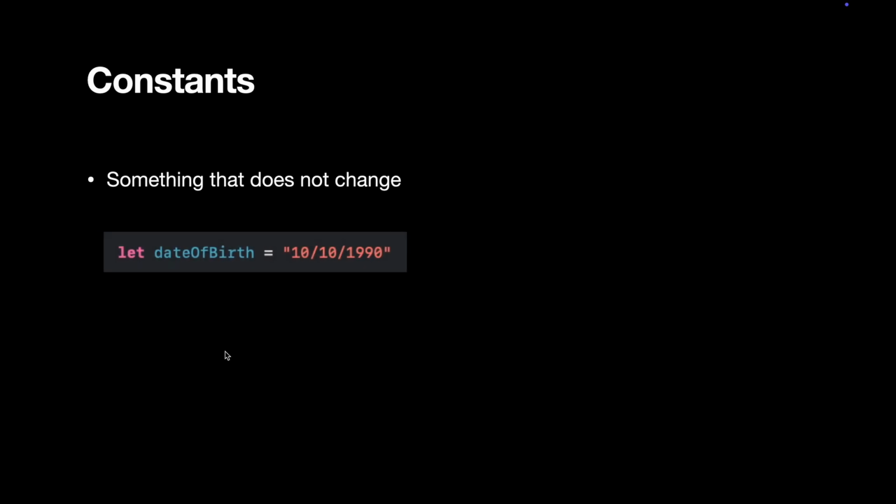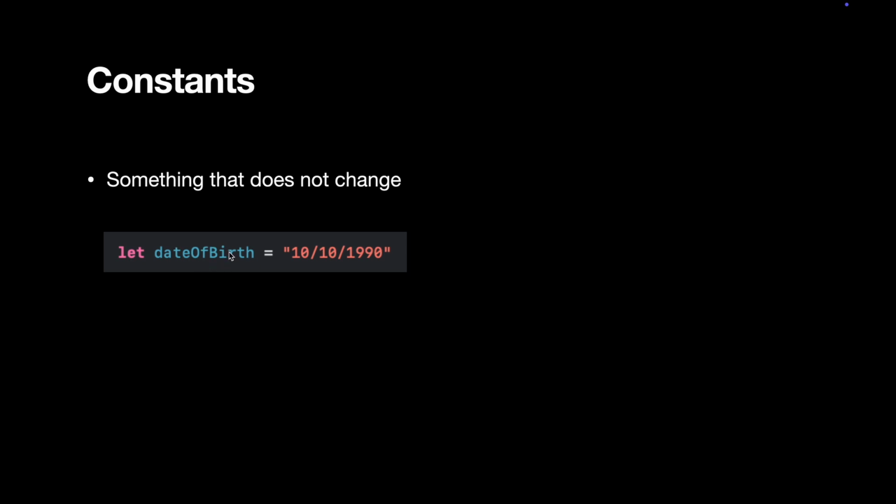Now, what are constants? Constants are something that does not change. So something that does not change is a constant. It's fairly obvious. You would define a constant like this. let is the keyword, and by writing this keyword in front of your constant name, you can define a constant.